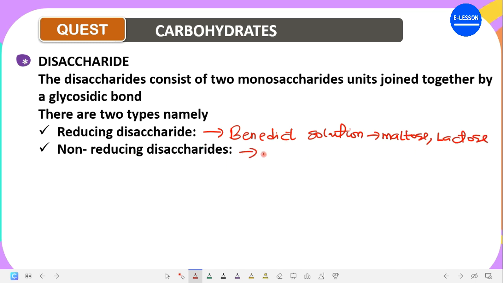While non-reducing are sucrose and cellulose. Please take note of this. We've discussed the reducing and non-reducing properties of disaccharides before now, right? Please check that video for more details. So that is basically everything you need to know about disaccharides. For now, say they are sugars containing 2 monosaccharide units joined together by a glycosidic bond.